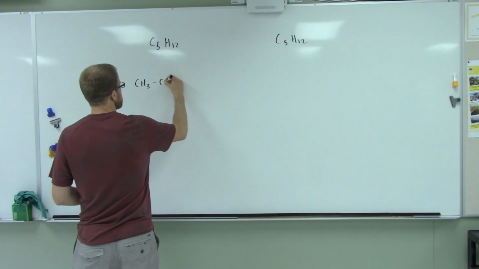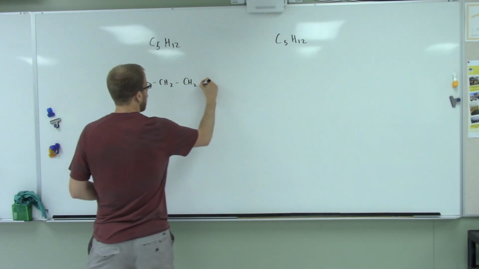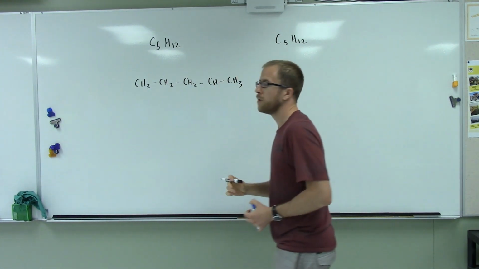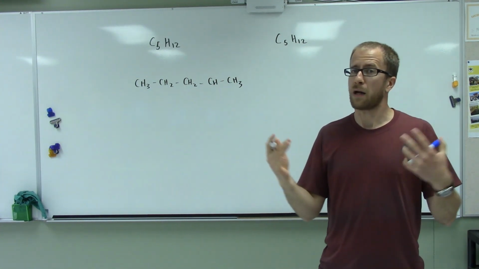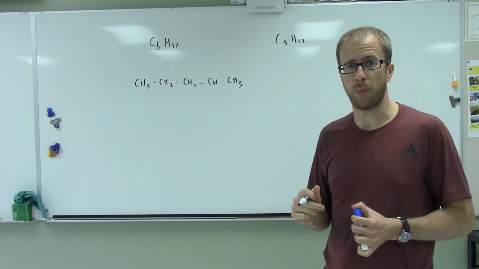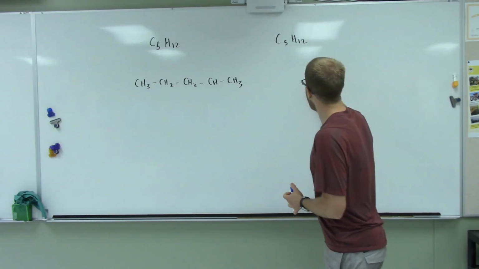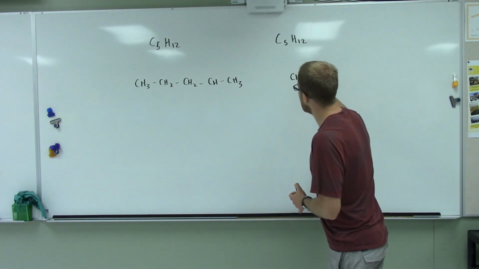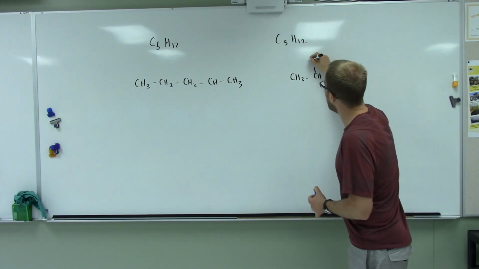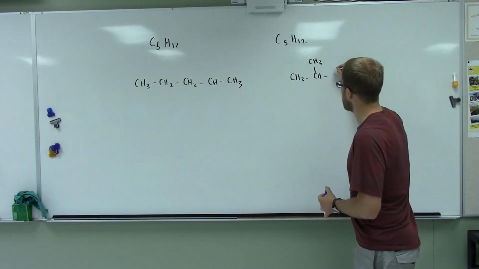Carbon is very versatile in how these atoms can be bonded together, right? Carbon can make four single covalent bonds, and thus there are many different orientations through which we could bond these carbons together.